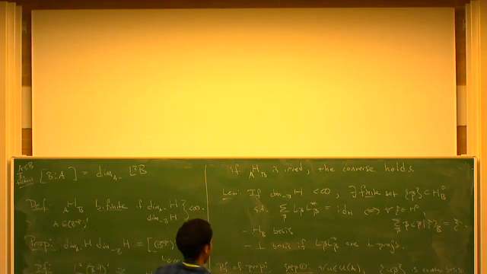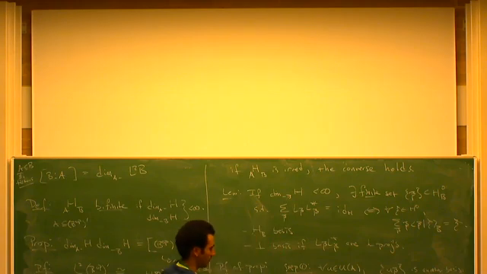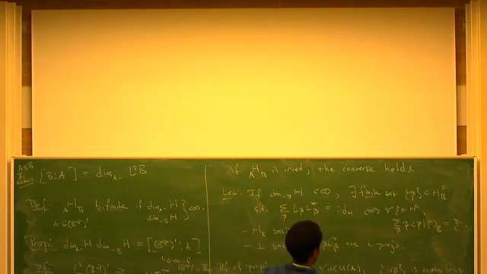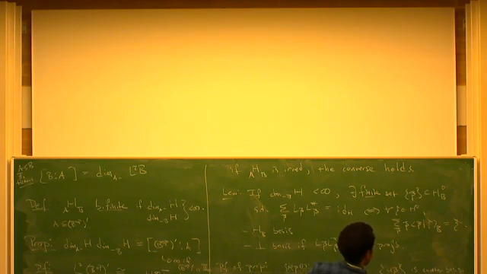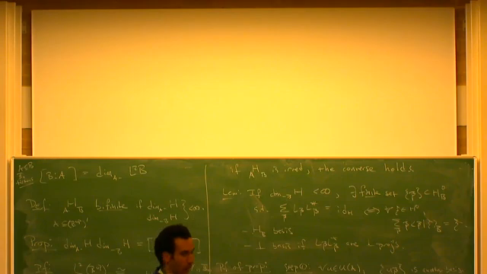Step two is showing that this vector in here is acentral. Acentral just means that A commutes with it. So maybe I should give you a little definition.